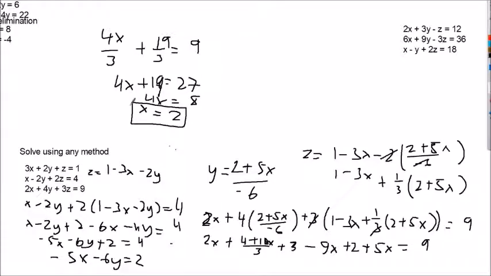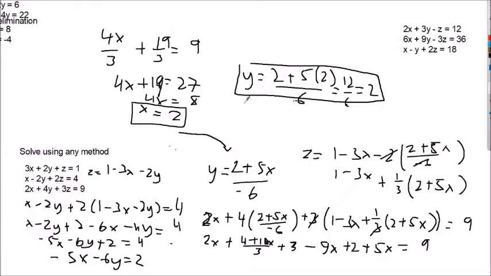Now our y and our z can be a lot cleaner. We're going to put the 2 in there. We'll get y equals 2 plus 5 times 2 over 6. 2 plus 5 times 2 is 12 over 6, which is 2. So y also equals 2. And then z equals 1 minus 6 plus 1/3 times 2 plus 5 times 2. 5 times 2 is 10 plus 2, 12.